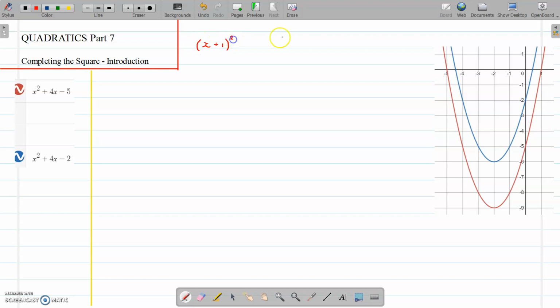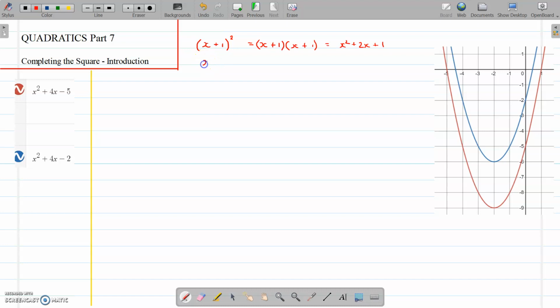It gives us x plus 1 times x plus 1, and that in turn will give us x squared plus 2x plus 1.